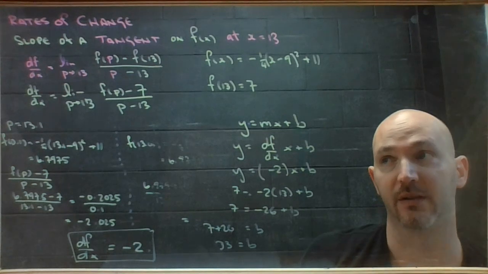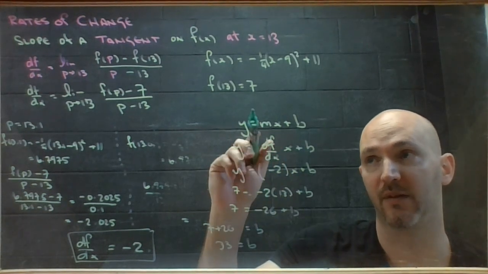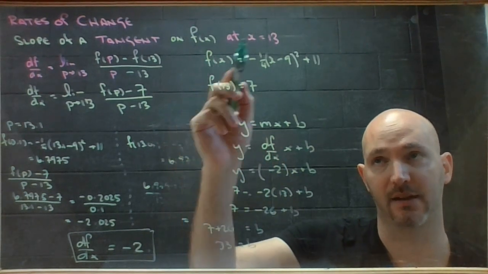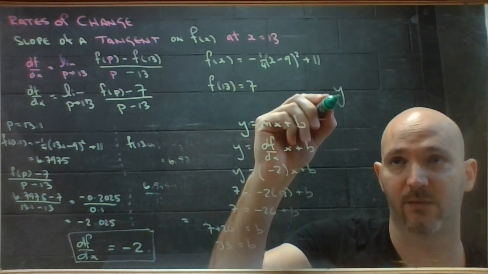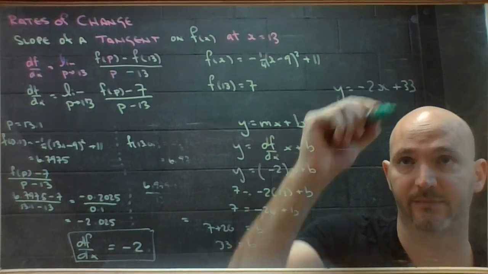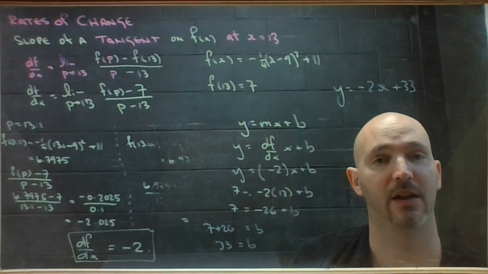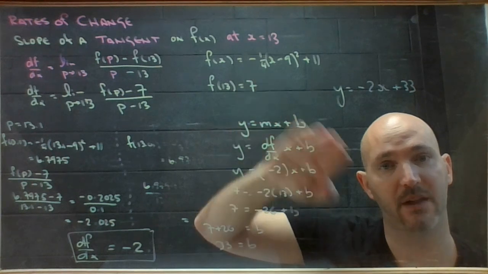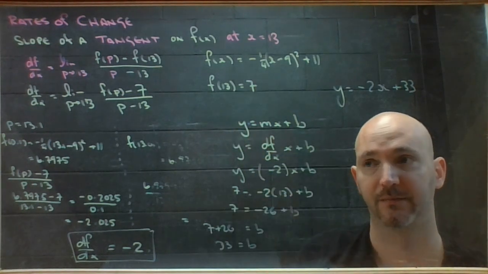So the equation of the tangent on f of x at x equals 13 is y equals -2x plus 33. And if you were to graph that on that parabola, it would clip it in exactly one spot.